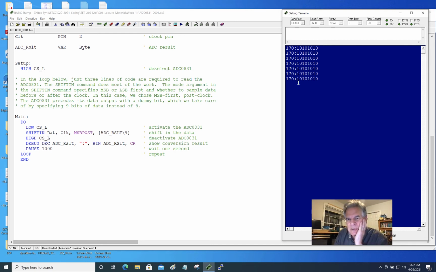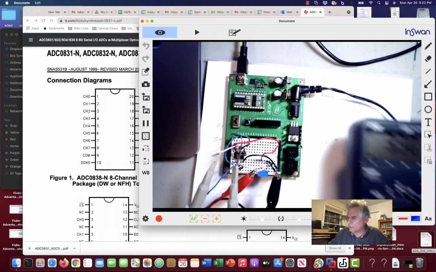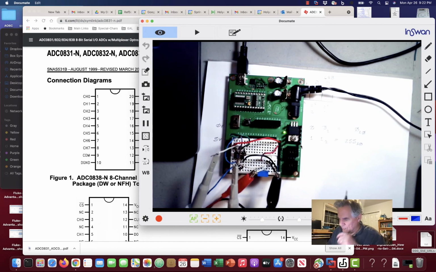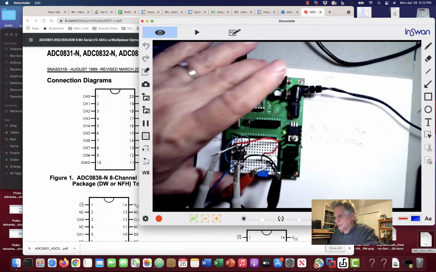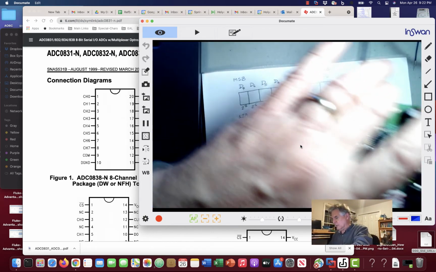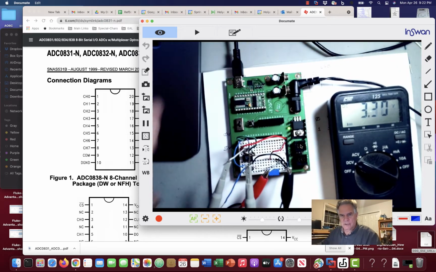Oh, look at this. I picked a good number. I'm getting 10101010. Okay. So let's come back over here and look at 10101010. By the way, you want to see what that looks like on the scope?